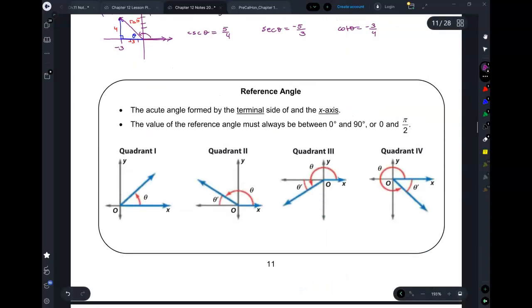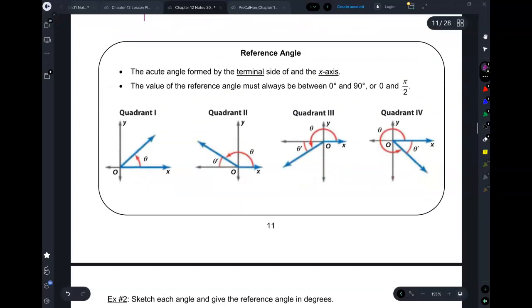Okay? All right. Let's talk about reference angles. Okay, reference angle is an acute angle. It's formed by the terminal side of theta and the x-axis.